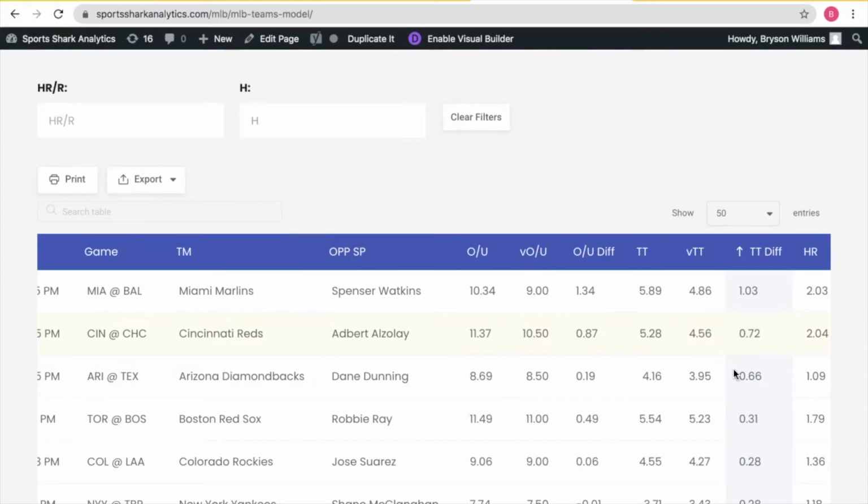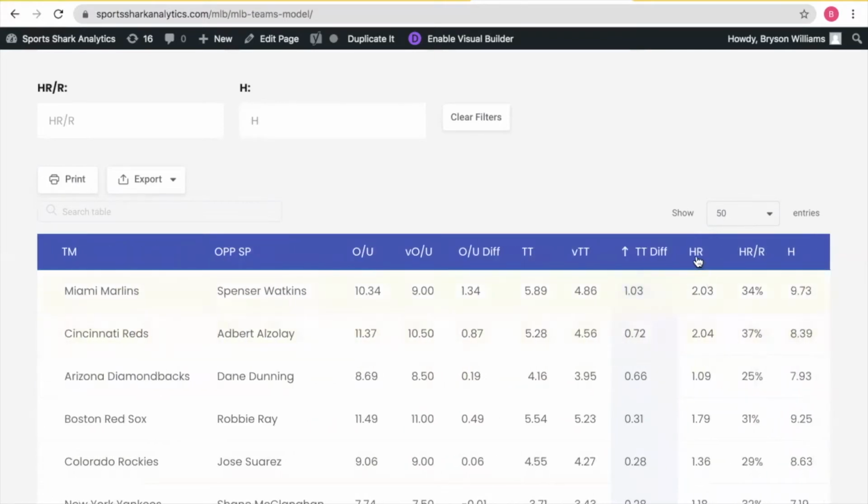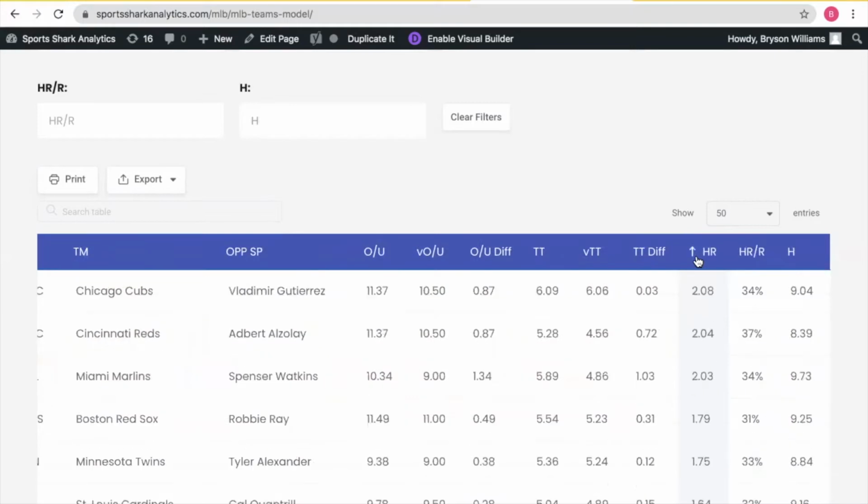So for fantasy purposes, I would say, all right, hey, maybe the Marlins, the Reds, Diamondbacks, Boston, Colorado, maybe some good stacks that I would want to target. And I would come over and see who's projected to hit the most home runs for the day.